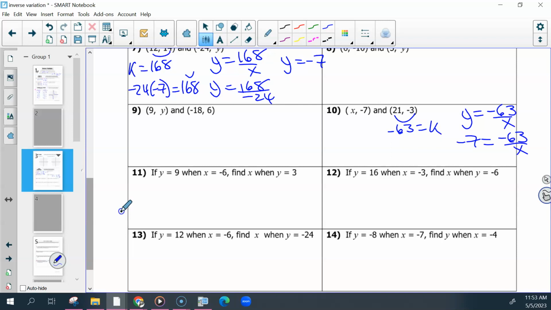Multiply x on both sides. And then divide both sides by -7. So that x equals what? And if I multiply them back, I should get the same k value.